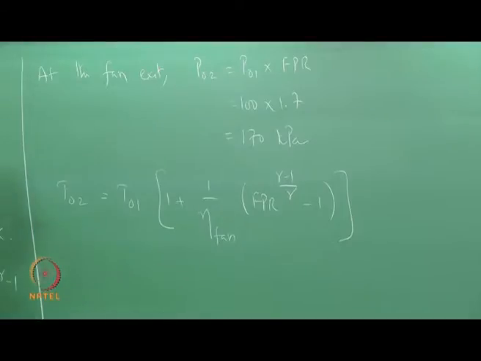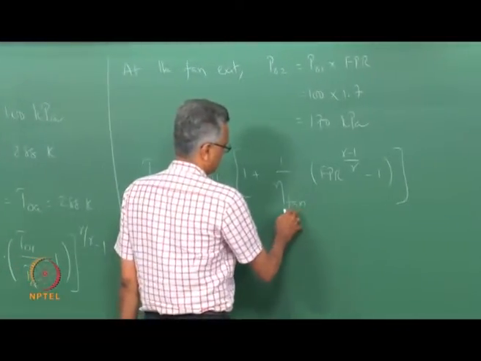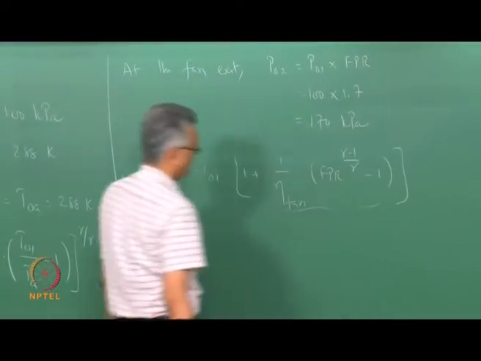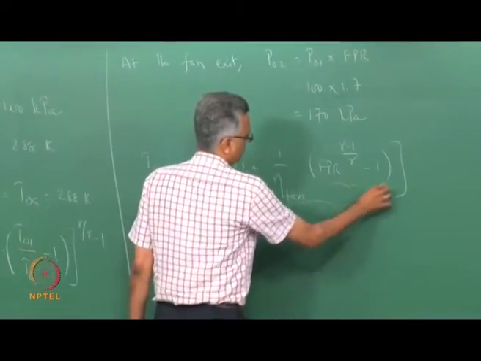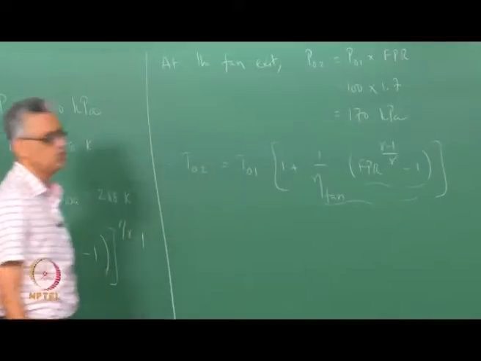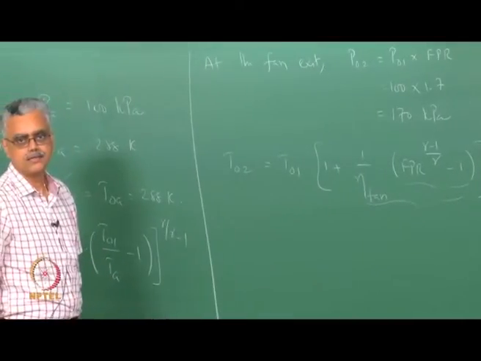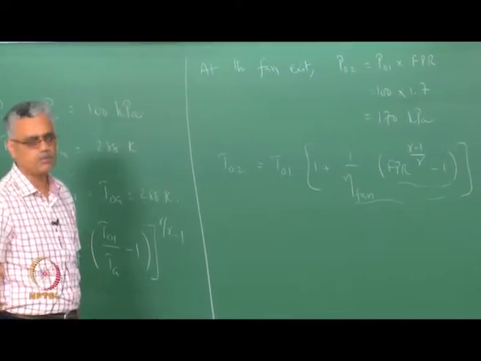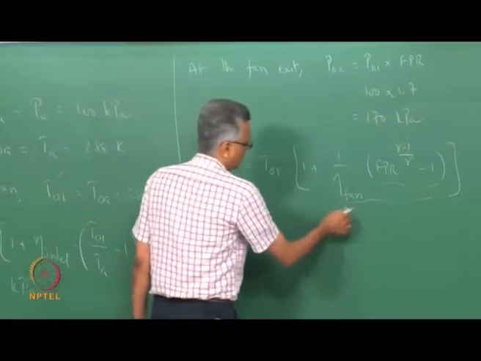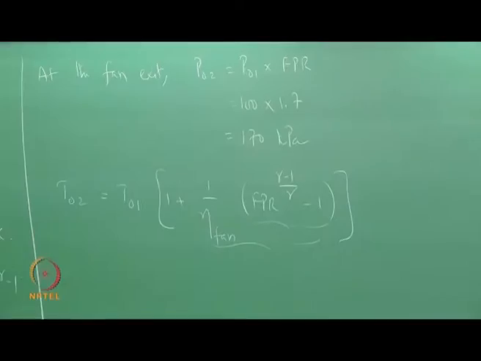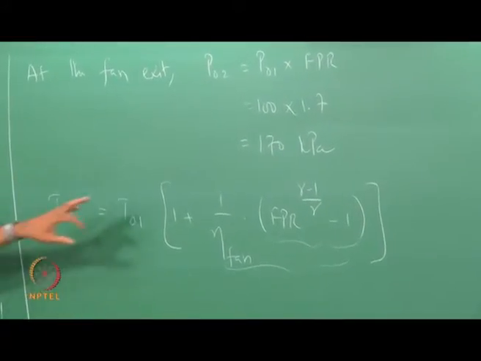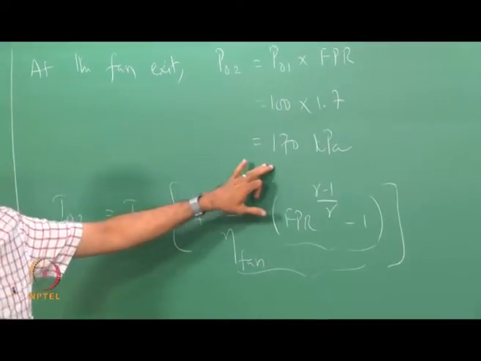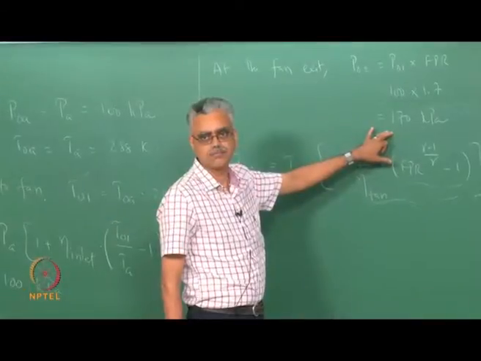You may recall that this quantity inside is nothing but T02S, and then we use the isentropic efficiency of the fan to calculate T02. Once I have P02, I know P02S.